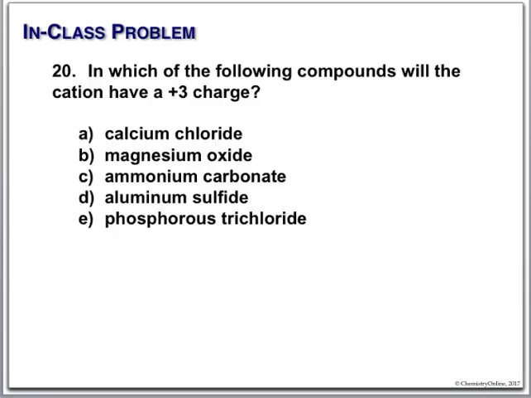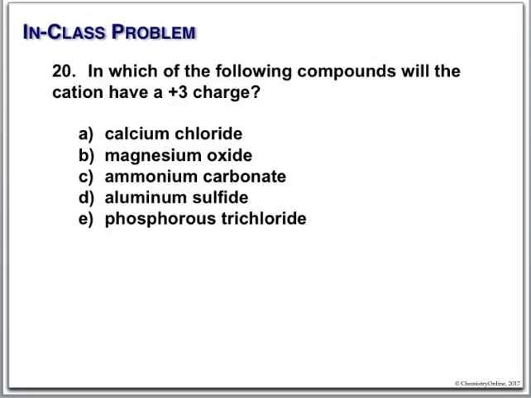And finally, which of the following compounds will have a cation with a +3? Now, in order for a metal ion to have a +3 charge, what group does it have to be in? Ask yourself that. To have a +3, where does it have to be on the periodic table? Group 3. Group 3, there's no math in that.